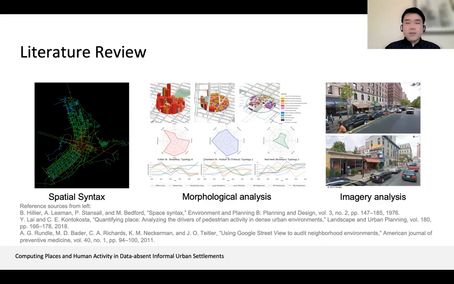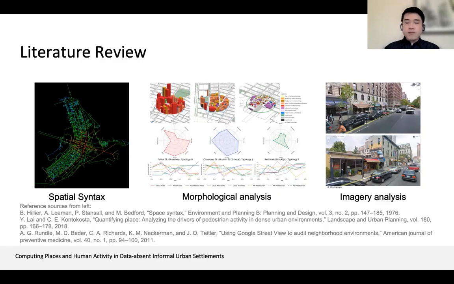Using such methods, planners can quantify and classify different levels of neighborhood accessibility and the connectivity of the street network. And from a morphological aspect, urban form and density analysis can reveal different spatial patterns in cities, not just involving physical attributes, but it's also possible to integrate social, environmental, and demographic features.